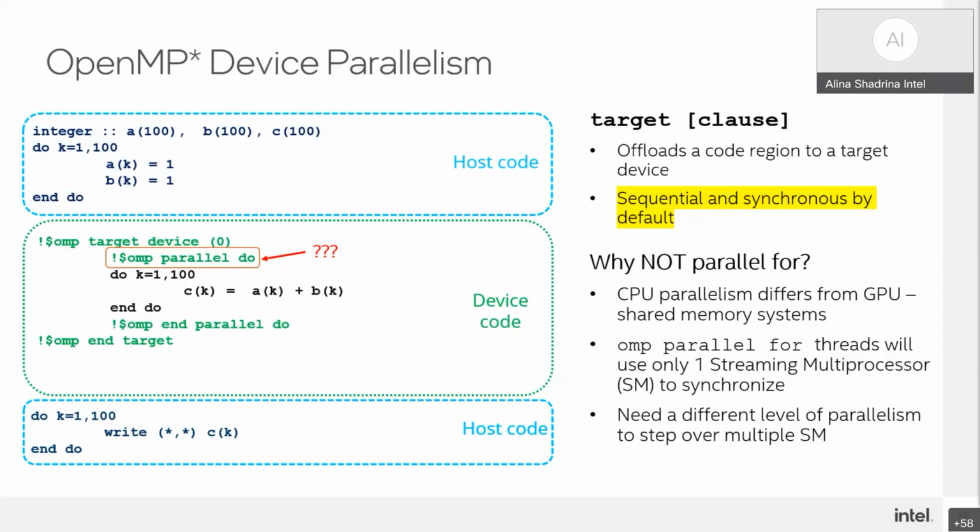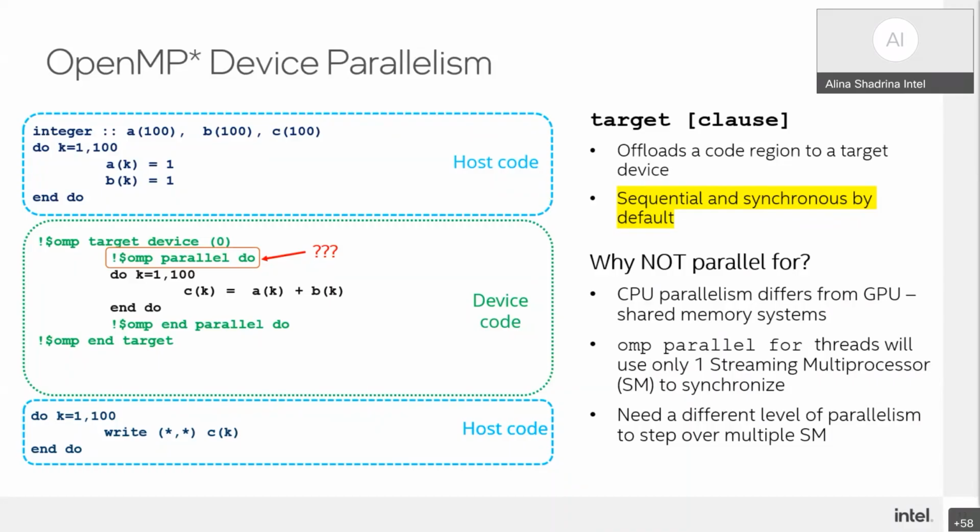The reason is that the architectures of GPU and CPU are really different. OpenMP initially was created for shared memory systems, so all threads are sharing the same memory. We have only one level of parallelism.